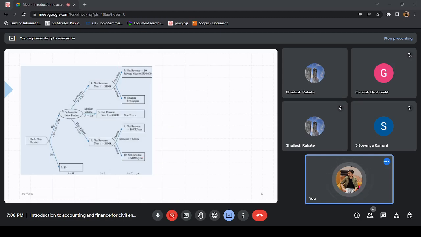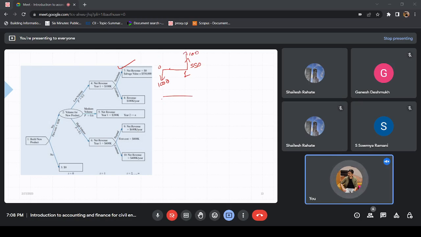If I'm considering this, at the end of first year I am selling my equipment. So what is my cash flow? At time t equal to 0, I am spending 1 million. At time t equal to 1, I am getting 550 of the salvage value and 100 of the net revenue, right?